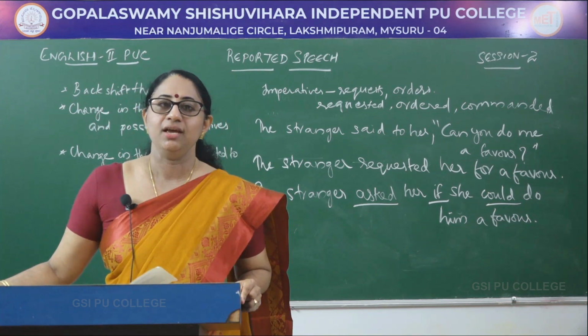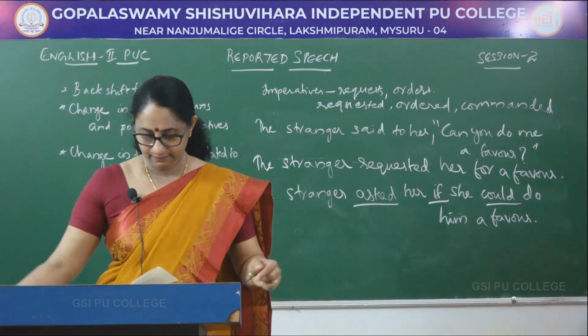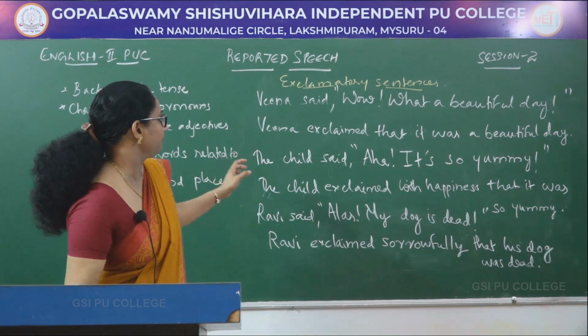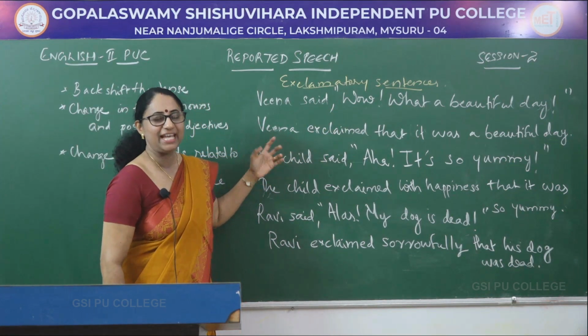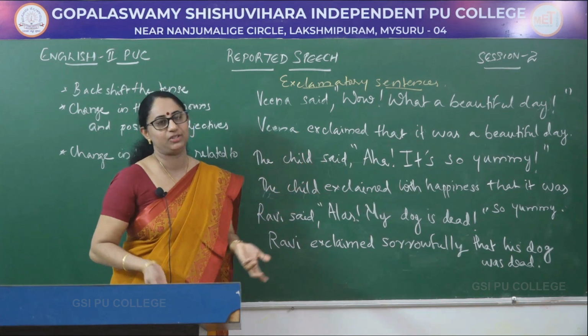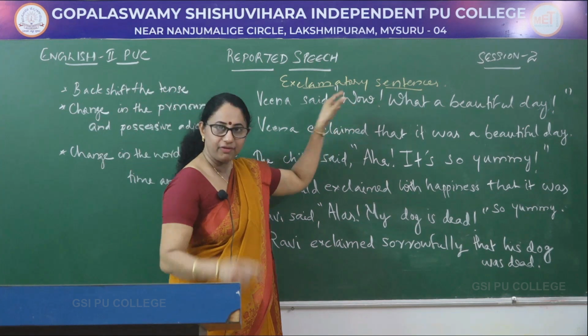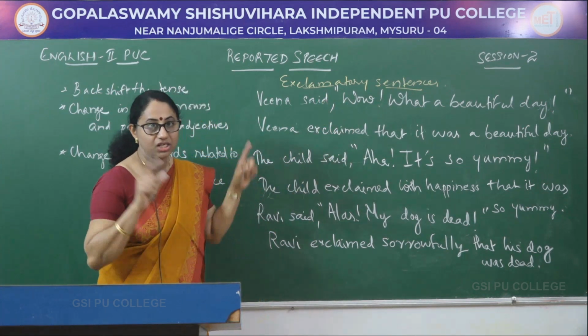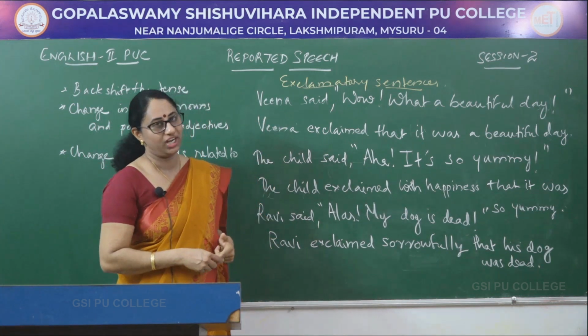Now let us see some examples with respect to exclamatory sentences. Veena said, "Wow, what a beautiful day." It's an exclamation. When you exclaim, it's usually to yourself. So here we have these words in quotation marks. Wow, that is a beautiful day. We need to remove those quotation marks.